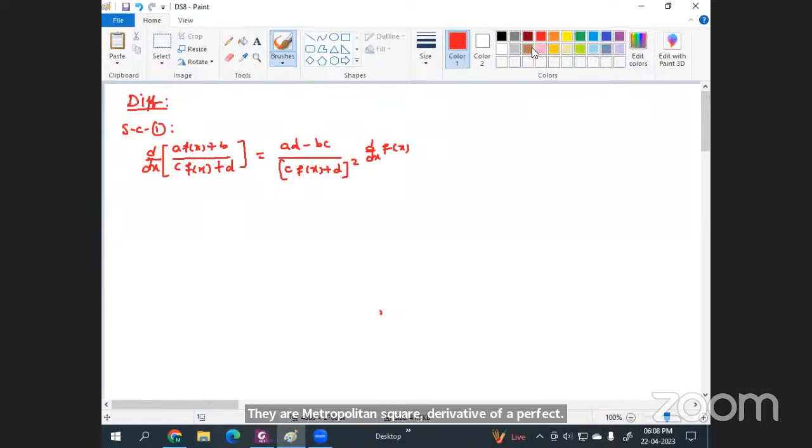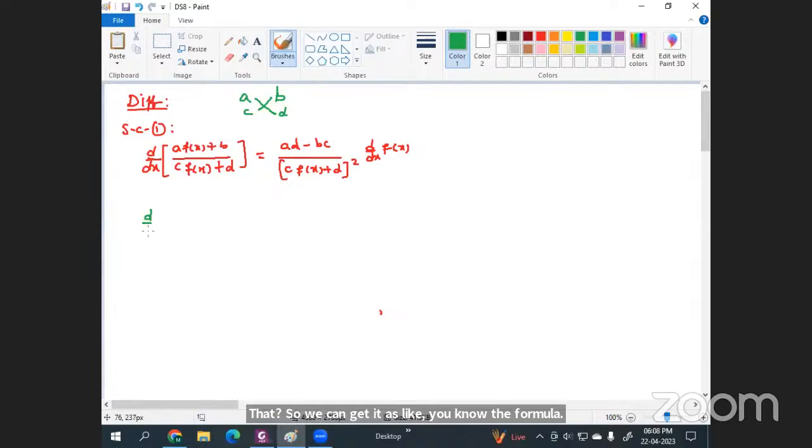Next, we use AD minus BC as the numerator. So AD minus BC, c into f of x plus d whole square, derivative of f of x. So we can get it like the formula.